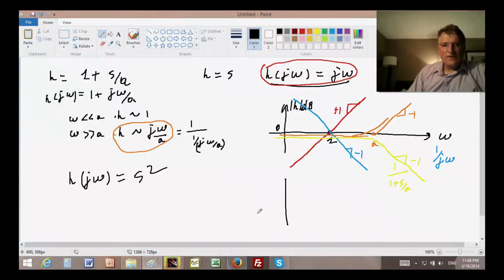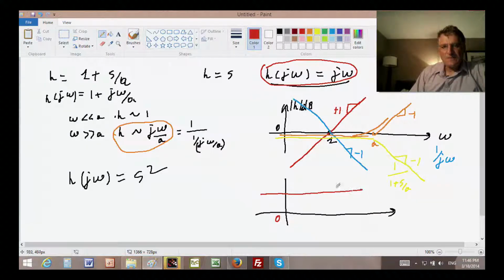And phase-wise, we can actually recover all these phases as well. The phase of j omega will be mirrored against 0 degrees from 1 over j omega, which is a phase of 90 degrees, whereas the one we did before, for 1 over j omega, was -90 degrees.